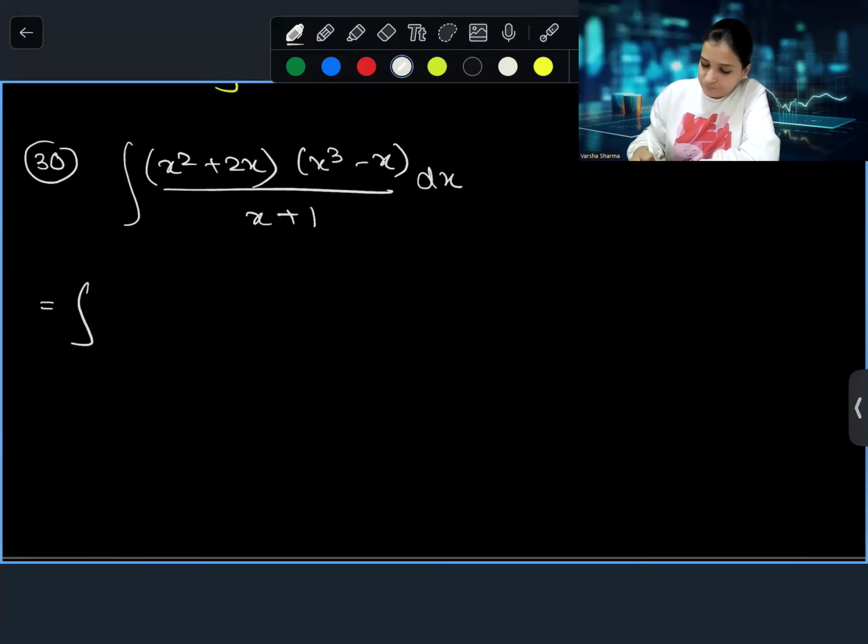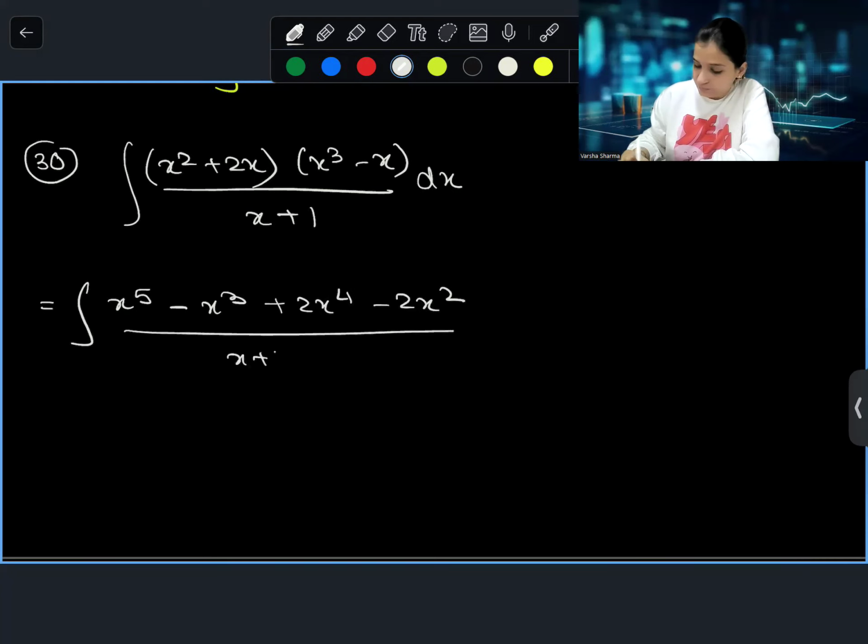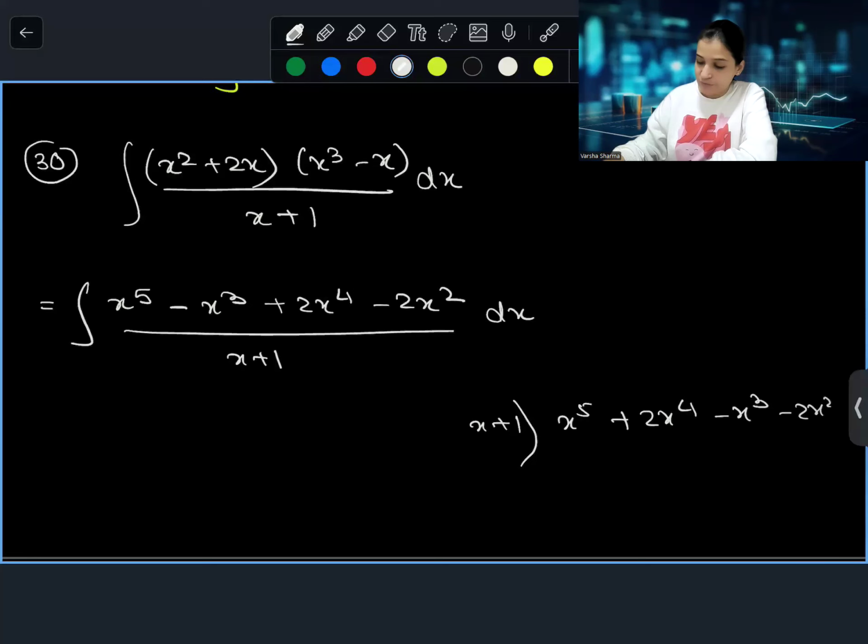First multiply. Now, long division. But while applying long division, make sure that it is in descending order. Power 5, power 4, power 3, power 2. It has to be in order. x power 4.